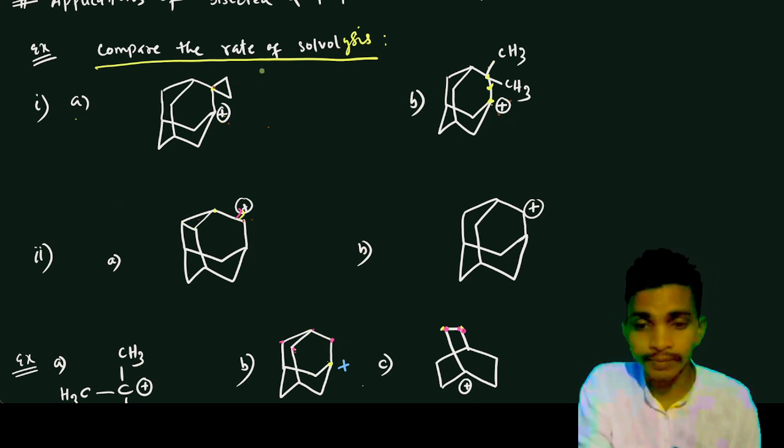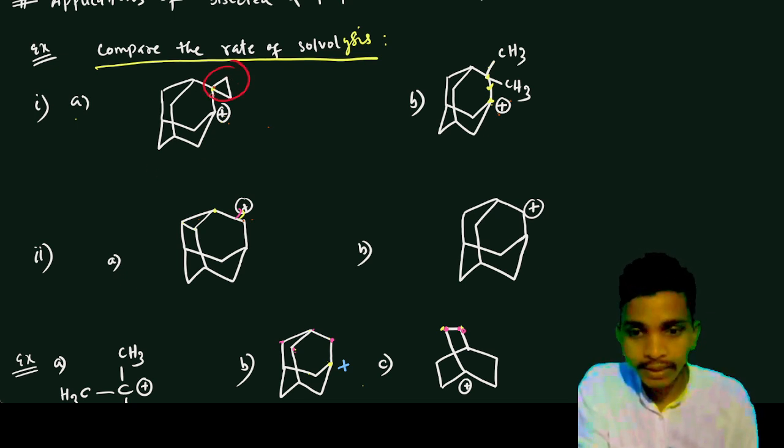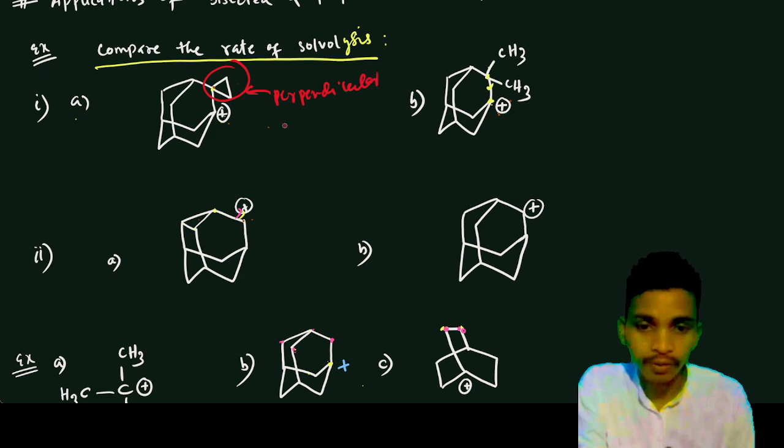So here which is more stable? You see that in this case this cyclopropyl ring is outside this ring. If we get that, then we will say that this is the perpendicular conformation with respect to carbocations.